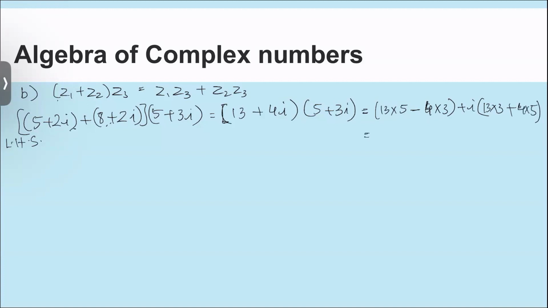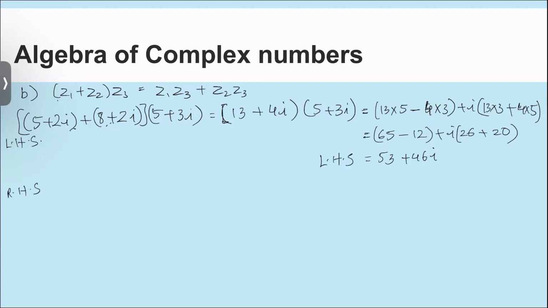So what you get is 65 minus 12 plus i(26 plus 20). Okay, so then you get this as 53 plus 46i. So this is the LHS part. Let's do the RHS.